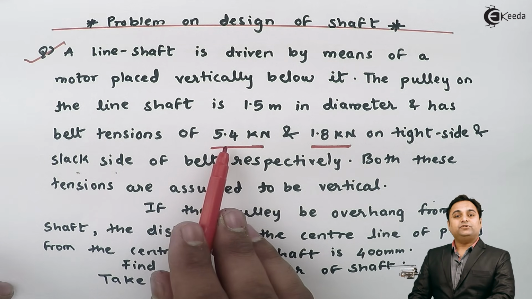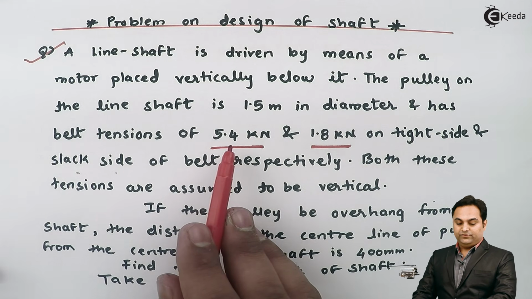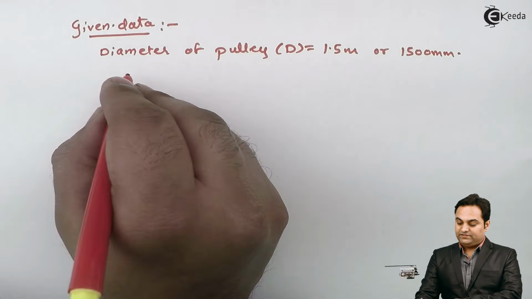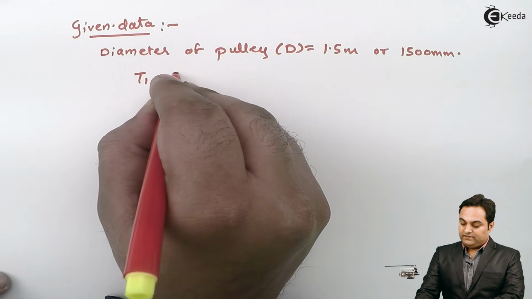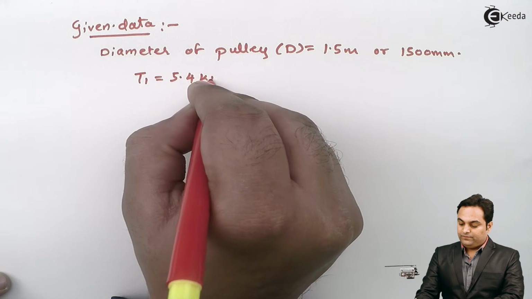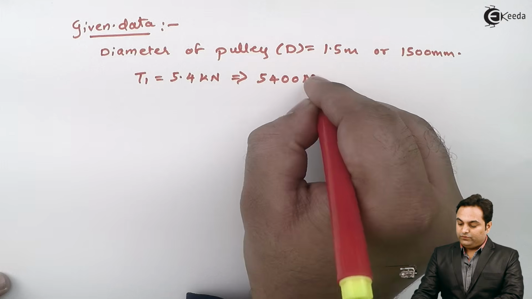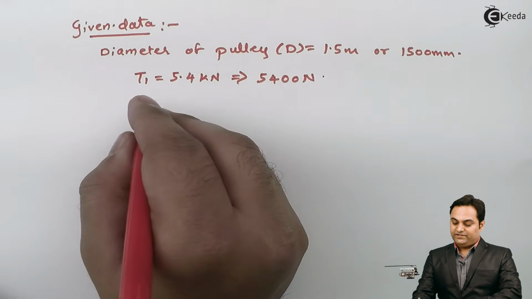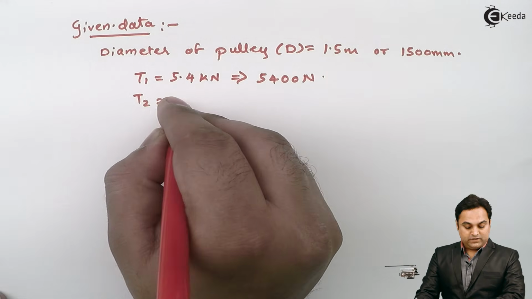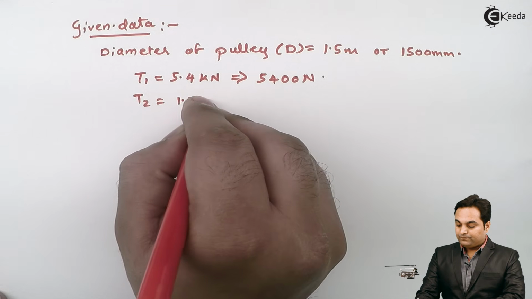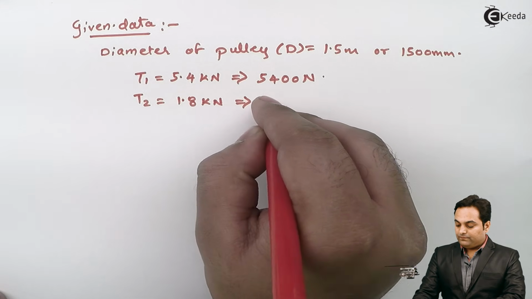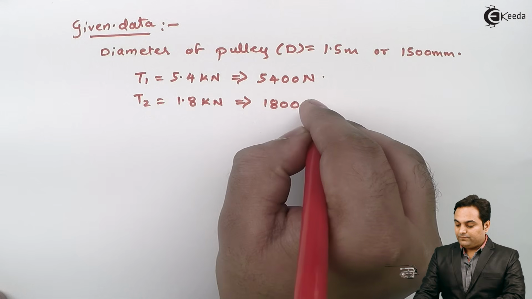So tension on tight side has more value. So I'll write down this as T1, that is tension on tight side. It is 5.4 kilonewton, and that is equal to 5400 Newton. Tension on slack side it is given as 1.8 kilonewton. So it is 1800 Newton.